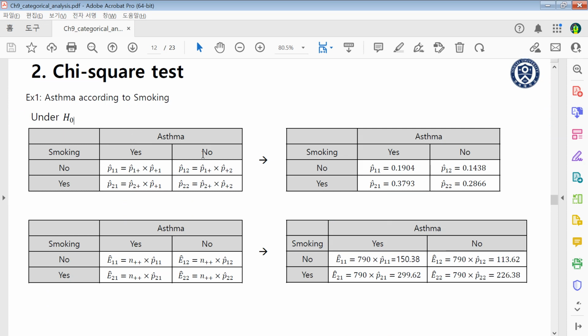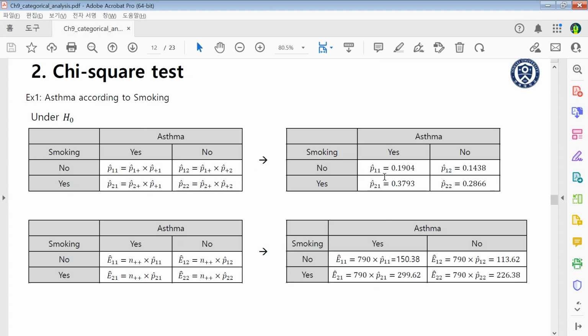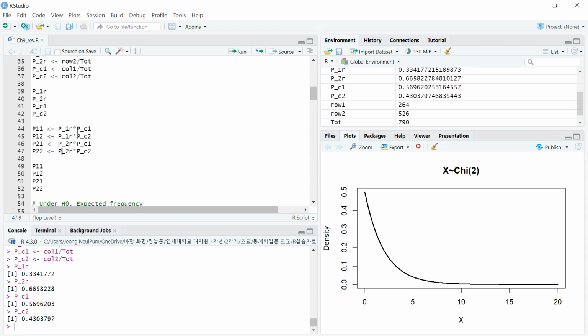So in the null hypothesis, we can get each probability by just multiplying two probabilities. This is why I multiply each probability when I want to get each probability in our own contingency table here.